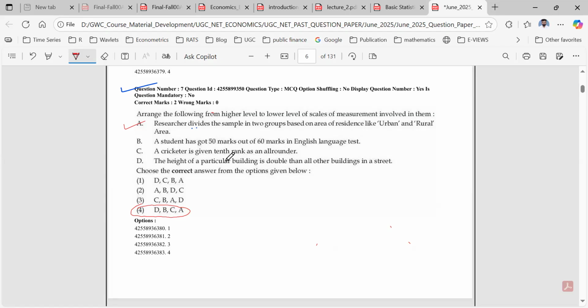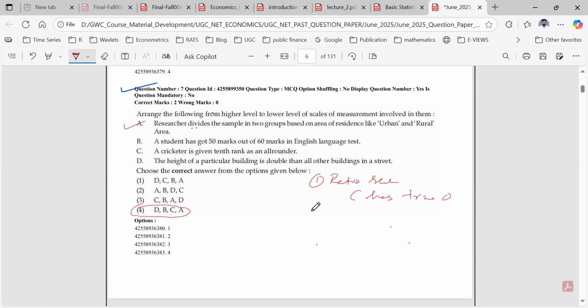Suppose, for example, first ratio scale. In ratio scale it has true zero, isn't it? It has true zero and equal intervals, meaningful ratios. Yesterday we had discussed, right? And obviously there will be natural ordering; you can write in both ascending or descending.